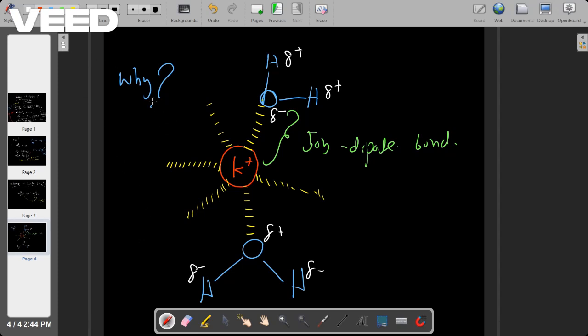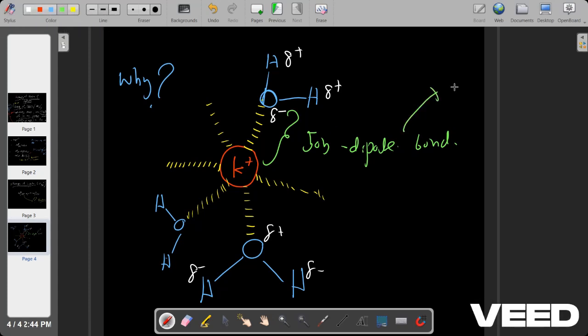Okay. Now this is enthalpy of hydration, right? When you form this, energy is released, exothermic. Now we are talking about enthalpy of hydration.